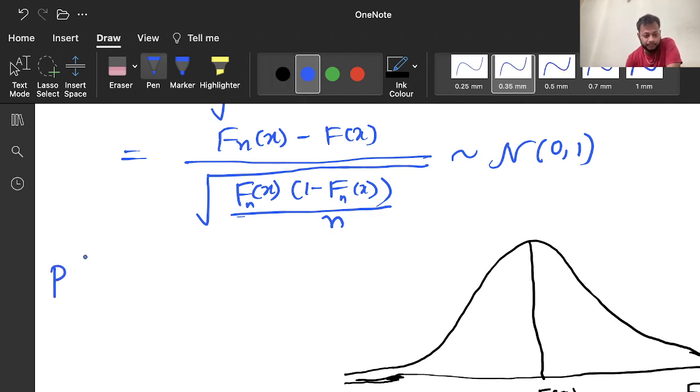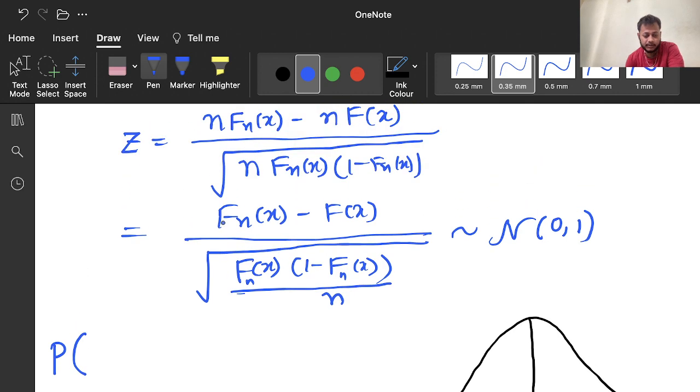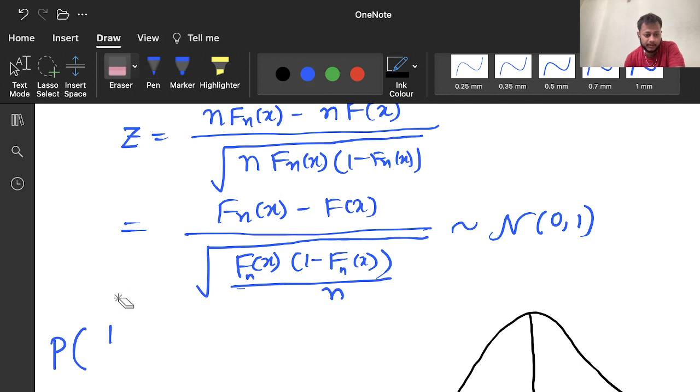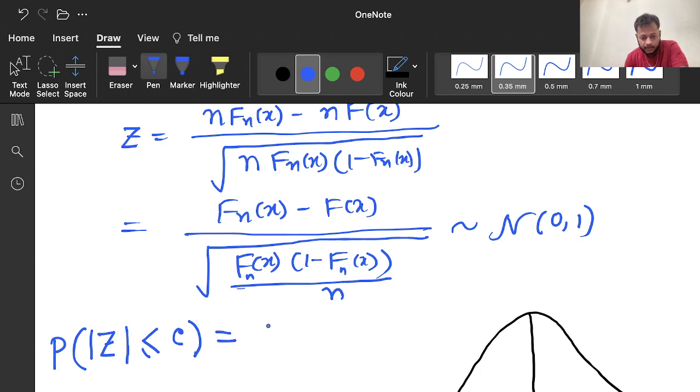The probability that, suppose this is Z, I have taken it as Z, so mod Z is less than or equal to something, the probability is 1 minus alpha.